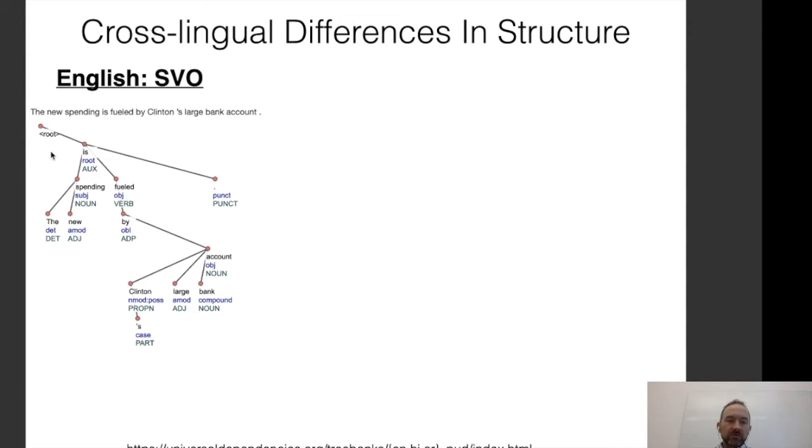So what we can see from this immediately is we have our verb up here, and then we have our subject on the left and our object on the right, which tells you that English has SVO word order. And not every sentence in English is going to be like this, of course, but if you take them in the aggregate, you'll be able to see that this structure is very, very common.